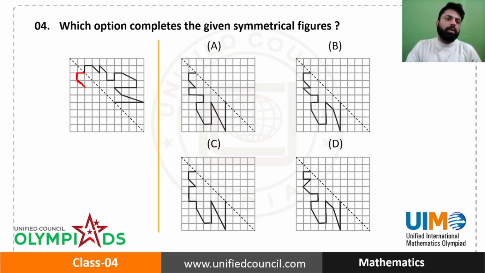Okay, 1, 2, 3. Okay, like this. Like this. Then like this. Then after that, it should be like this. So we need to just move in that same direction. Then like this.